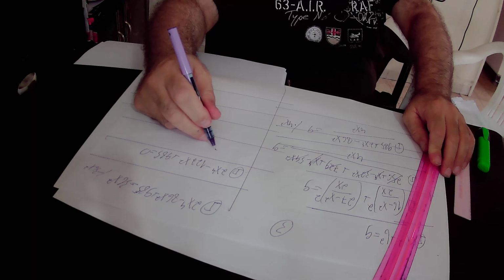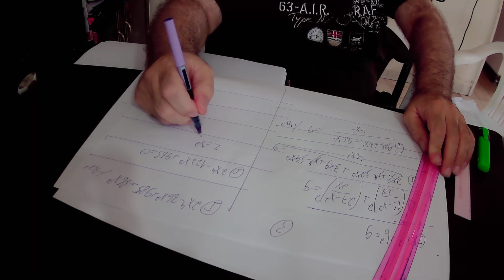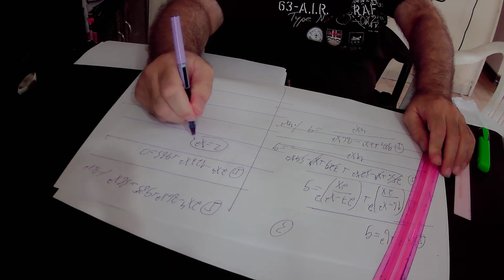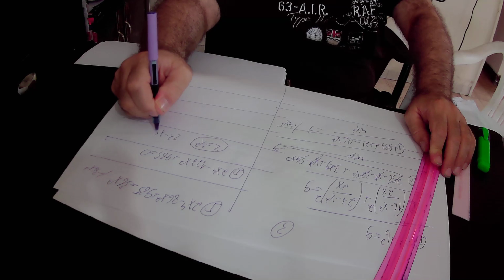Here we define z as x squared, that is to say z equals x squared according to our definition. So if z equals x squared, it means that z squared will be equal to x to the power of 4.